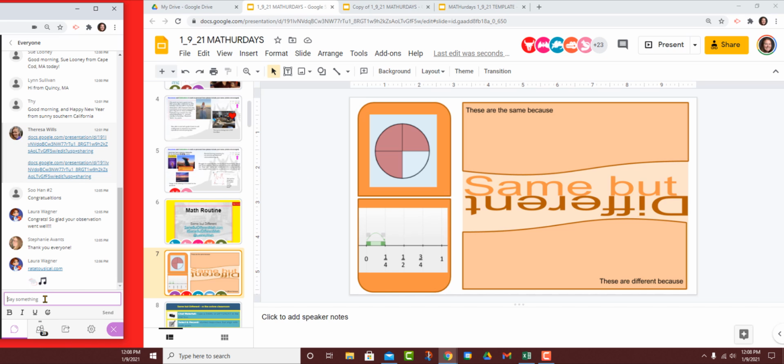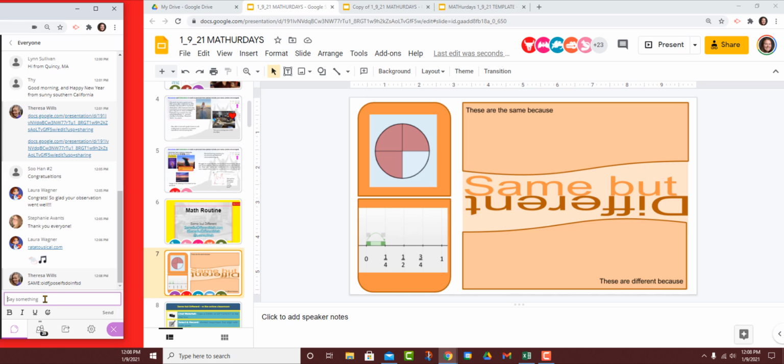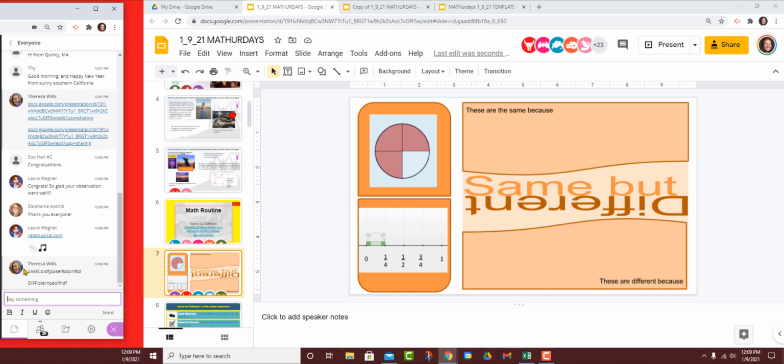During that time, you could type in same and whatever you thought was the same, or you could write different and whatever it is. It sometimes is useful to begin by writing same or different, but sometimes they're both in the same. Either one works. So take a moment. In the chat box, what do you notice that is the same but different in these two images?